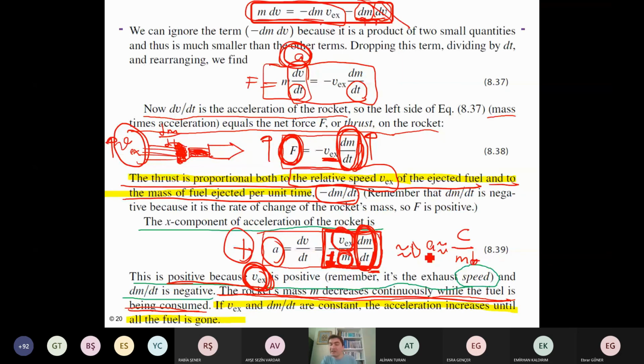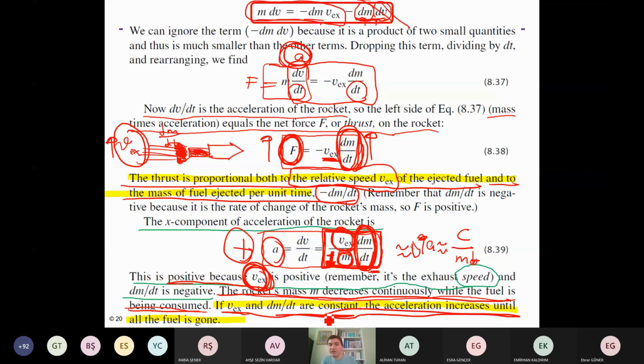So we have a non-constant acceleration because the mass of the rocket decreases, okay? Then we can apply thrust force to the rocket, and it can reach very high velocities. This is the summary. If vx and dm over dt are constant for a certain rocket engine, the acceleration increases until all the fuel is gone.